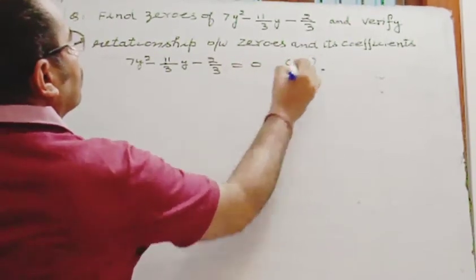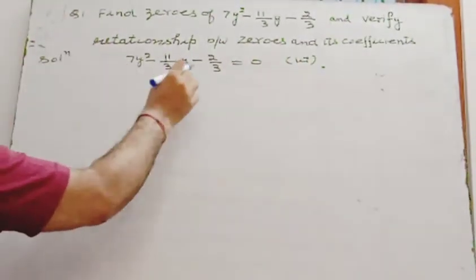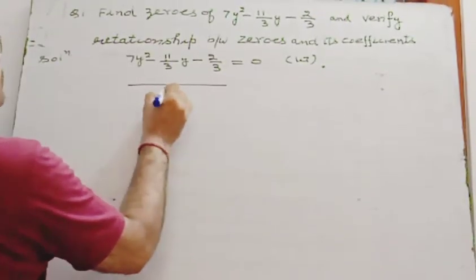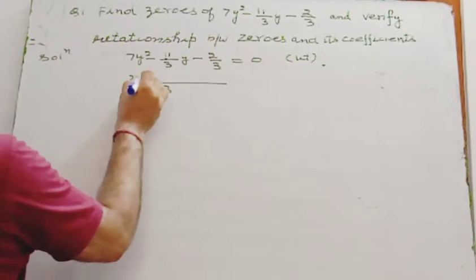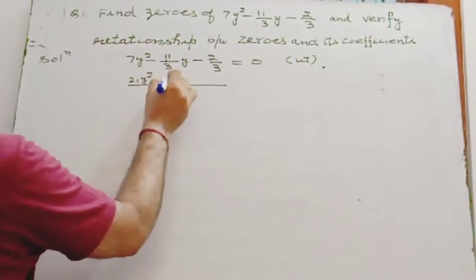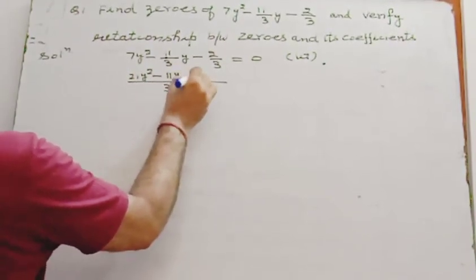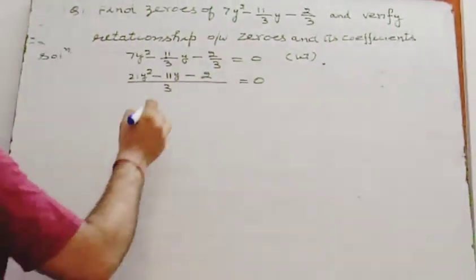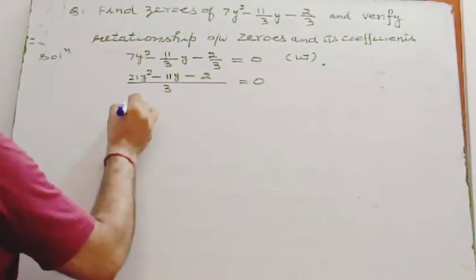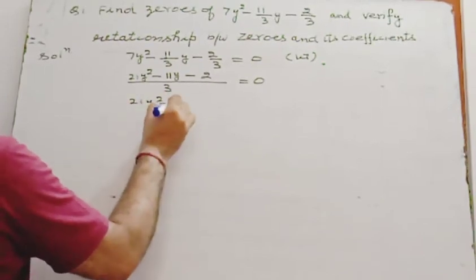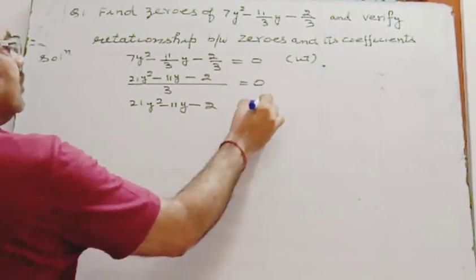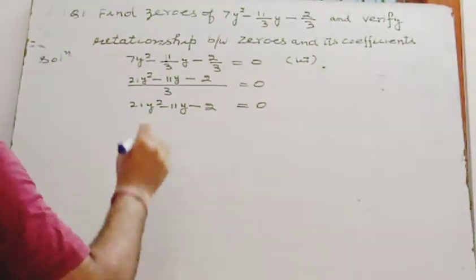To get the zero of the polynomial, we equate the polynomial to 0. Taking 3 as LCM, 21y² - 11y - 2 = 0. Replacing the 3 on that side, 21y² - 11y - 2 = 3 into 0, which means 0.